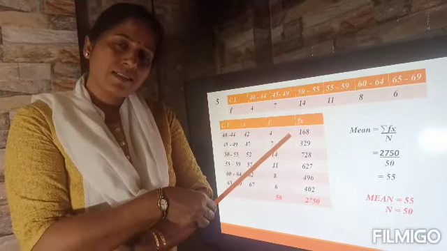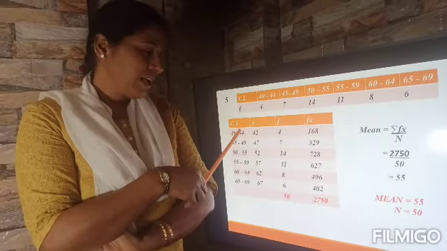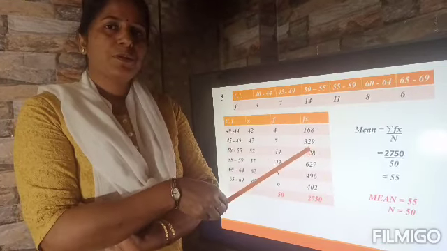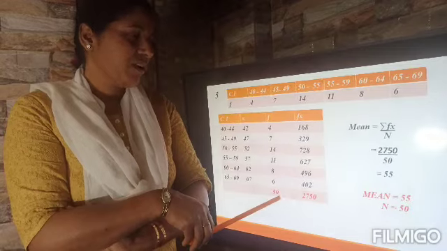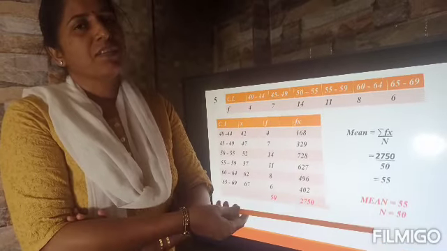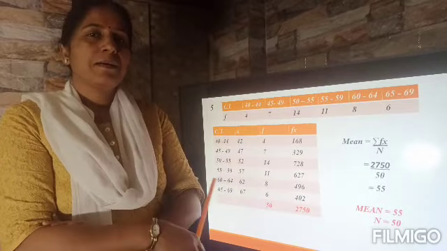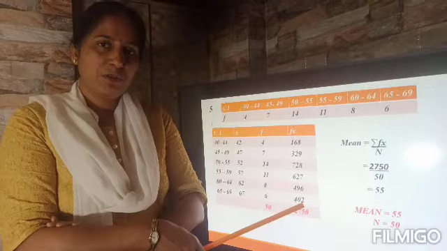If they give a class interval, we have to find the midpoint or average of the class interval. Then we have to multiply these two. Then add the fx column and f column. Then replace and simplify. So simple. You can do it very easily. Practice this sum and some more examples also you have to do.